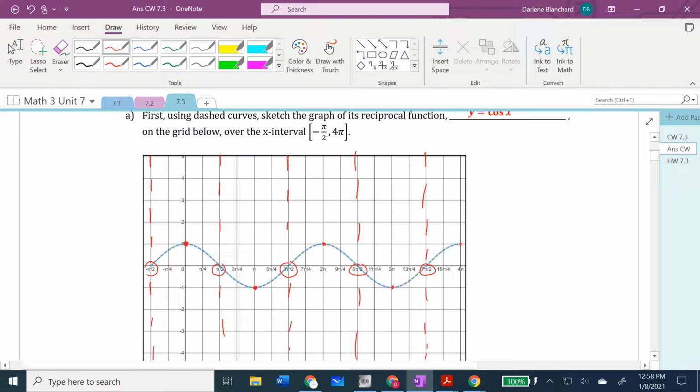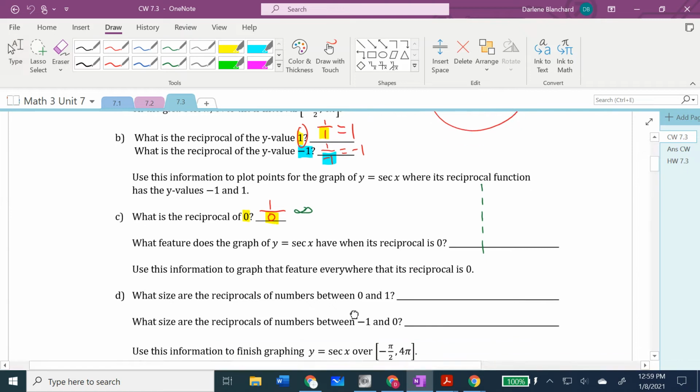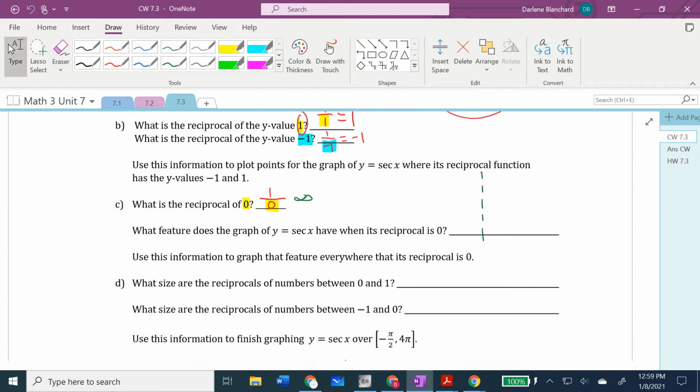Okay. Now, the next thing that I'm talking about is numbers that are between 0 and 1, as well as numbers that are between 0 and -1. And what are those reciprocals? And just realized I need to put in here vertical asymptote.